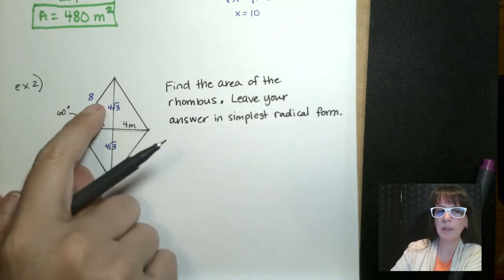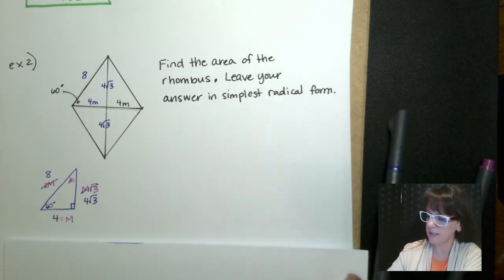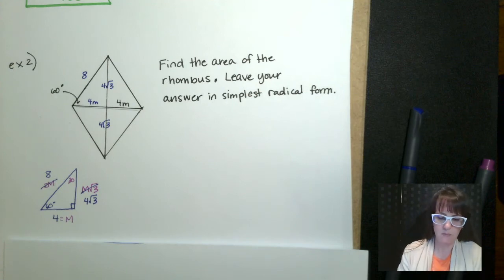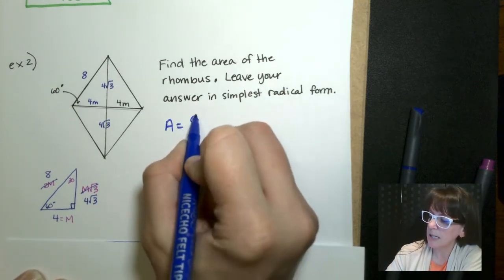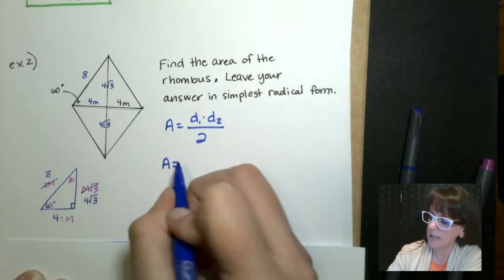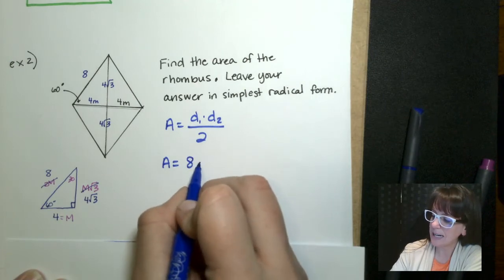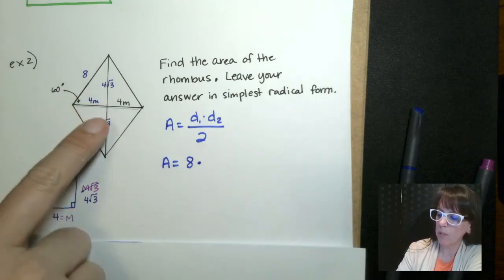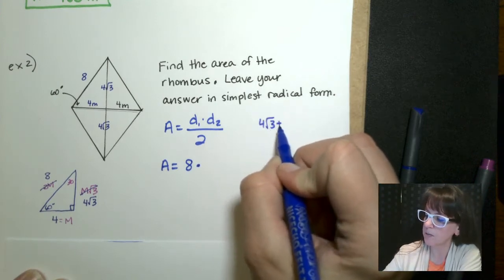So I don't really care about the 8 on the outside. That's not really helpful because the formula is, again, it's too many markers. I get excited about the markers. Okay, so the formula again is area equals D1 times D2 divided by 2. So our area is our diagonal 1, 4 plus 4 is 8, times, now 4 root 3 plus 4 root 3.